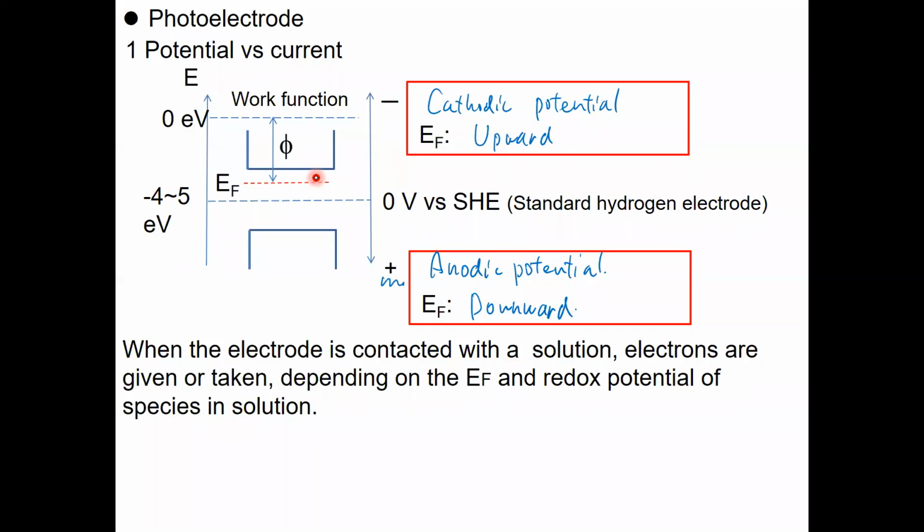So in the case of a semiconductor, depending on the height of the Fermi level, the electron is given or taken by these materials. So the basic idea is the same.